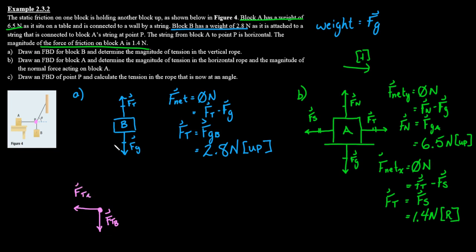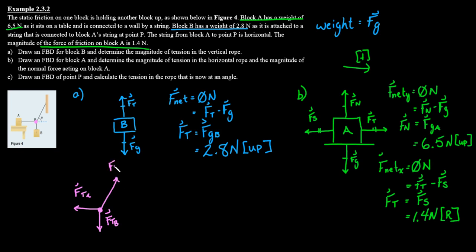Yes, we solved for the force of tension in the rope in the opposite direction, but now if we're looking at point P, block A is going to pull on point P as point P pulls on block A. Okay, and then the last tension that we have is this rope right here, this rope at an angle.